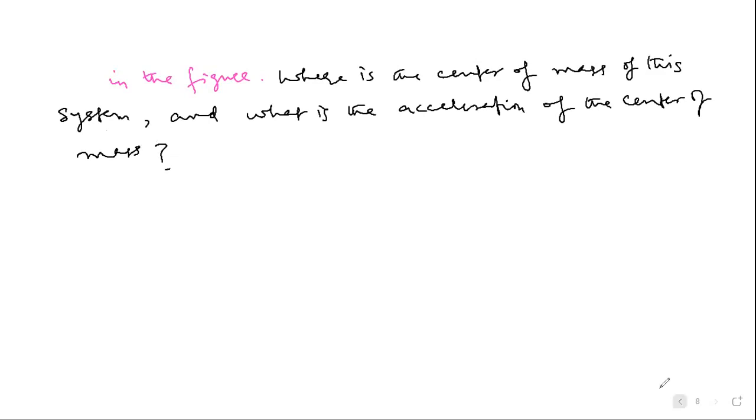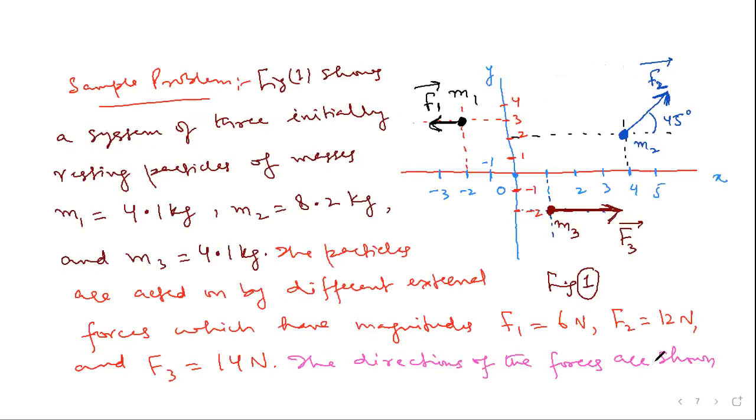Let me check the question. Figure 1 shows a system of 3 initially resting particles of masses m1 equal 4.1 kg, m2 equal 8.2 kg, and m3 equal 4.1 kg.